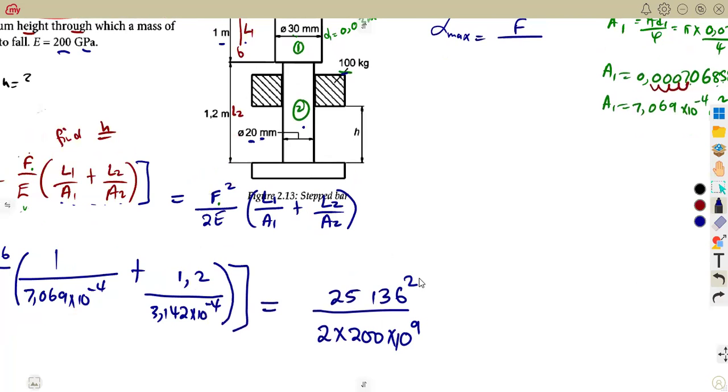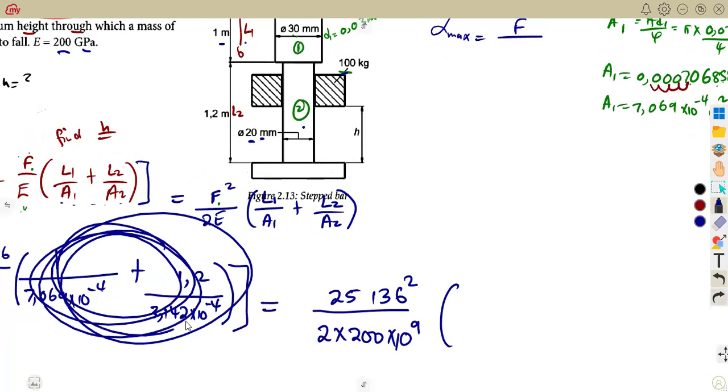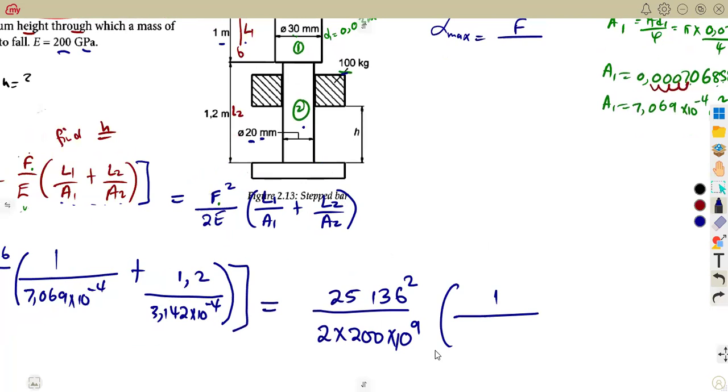So this is what we have, into L1 over, so this part is just a repetition of this here. You had this, so it's just a repetition there, 1 over the area that you had, 7.069 times 10 to the exponent of -4 plus 1.2 over what?